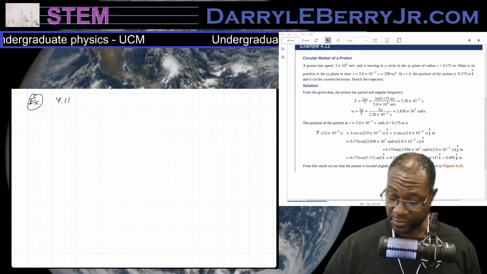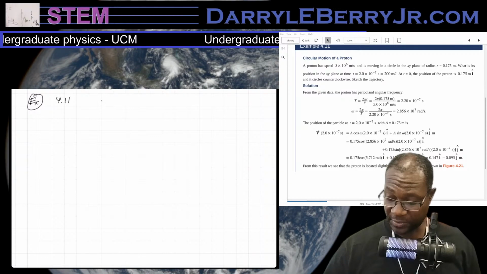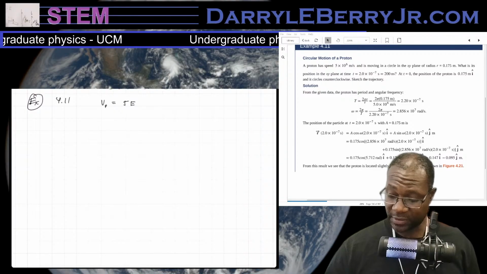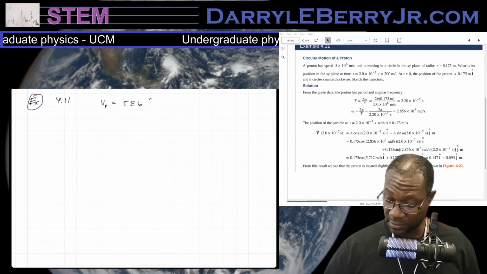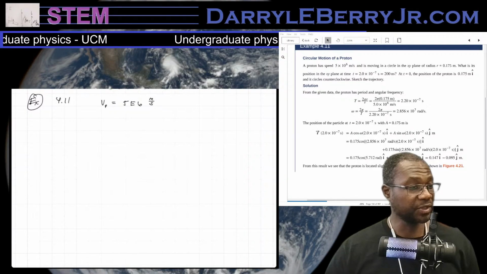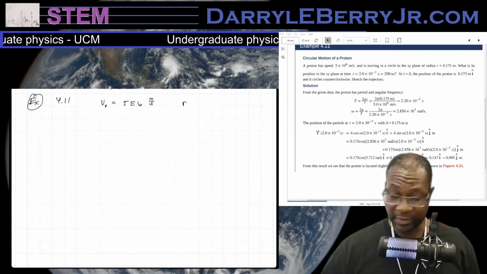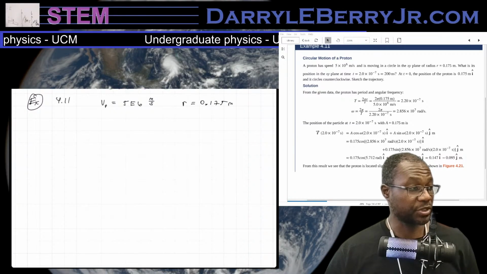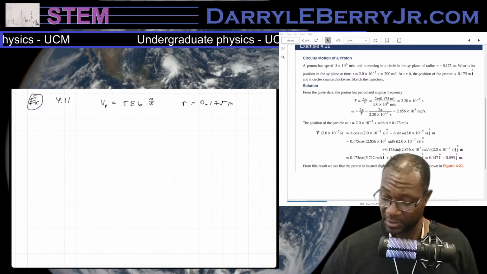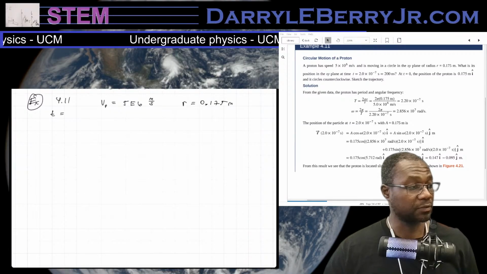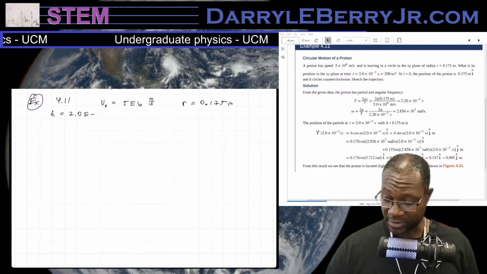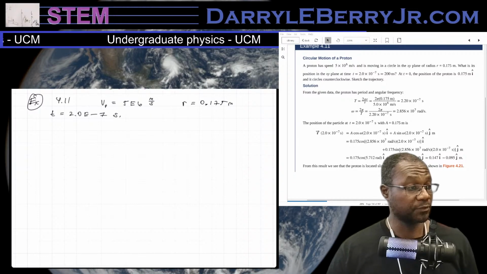A proton has speed equal to 5×10⁶ meters per second, moving in a circle. The radius is 0.175 meters. What is its position in the XY plane at t equals 2.0 times 10⁻⁷ seconds?